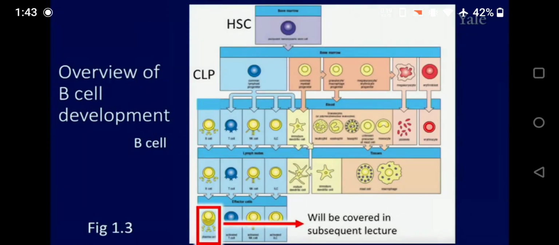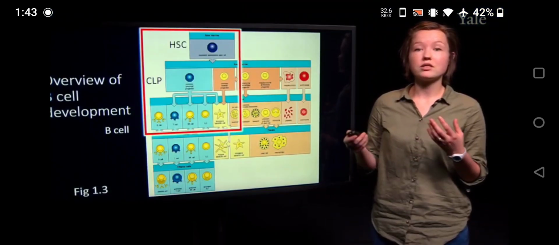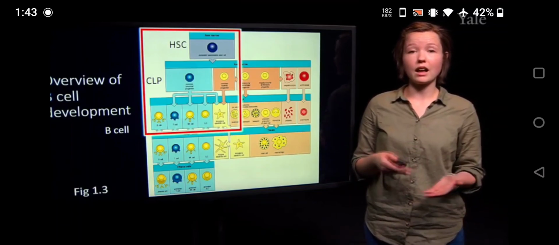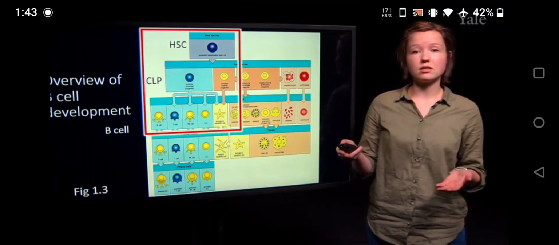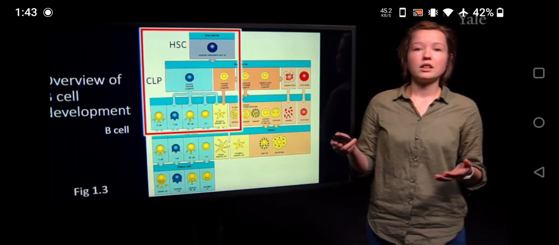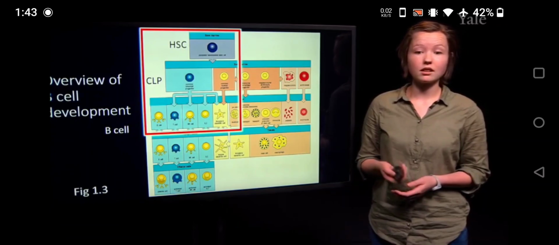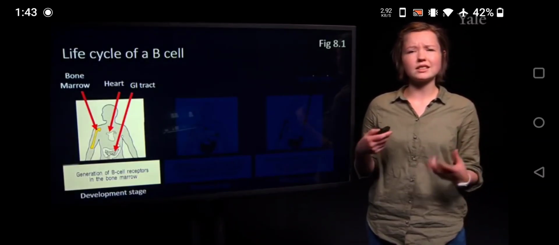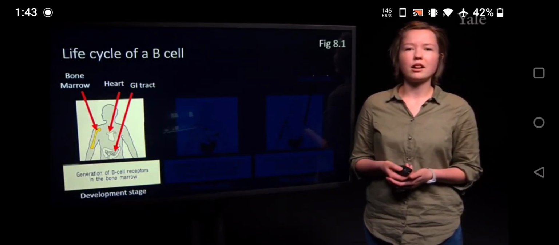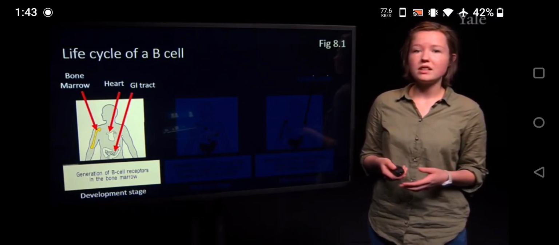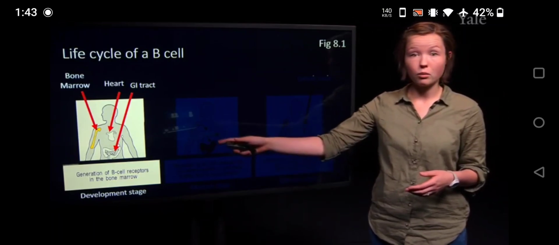Today, we want to focus primarily on the development of the hematopoietic stem cell moving through the stages of development in the bone marrow to when they exit into the bloodstream as mature B cells. So just to contextualize this development a little bit more, going through the life cycle of the B cell, we will start out in the bone marrow, which is where all of the development occurs.